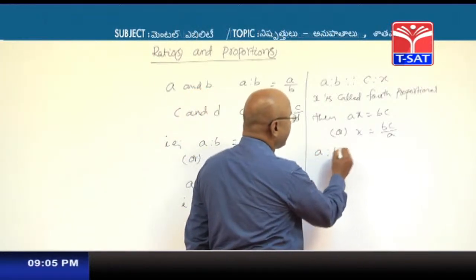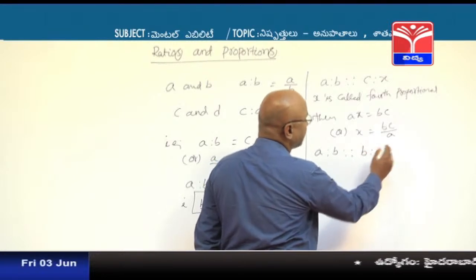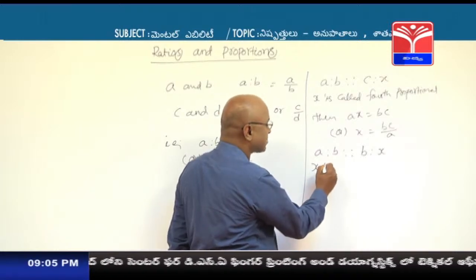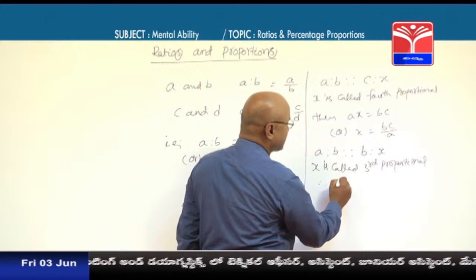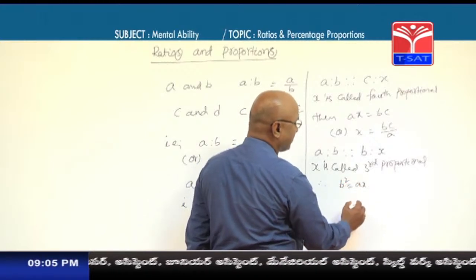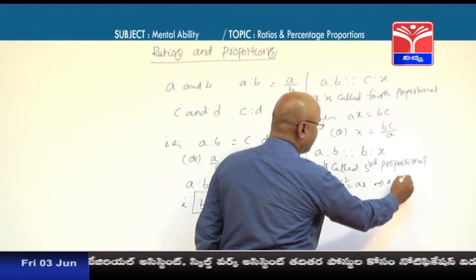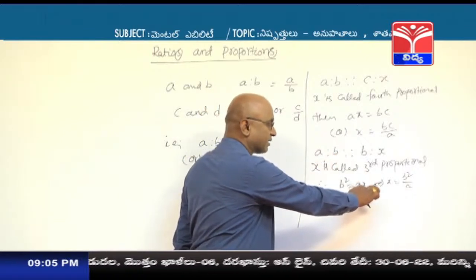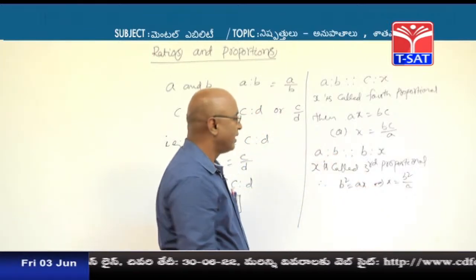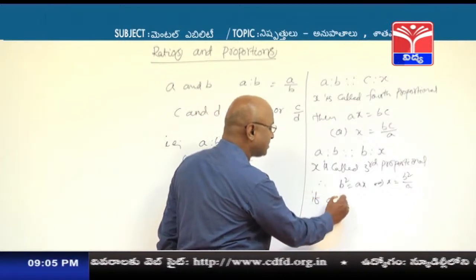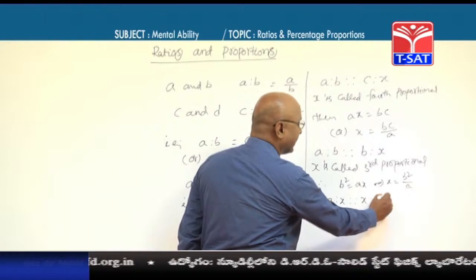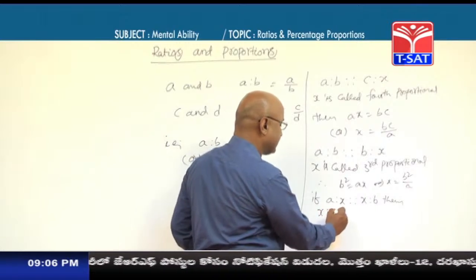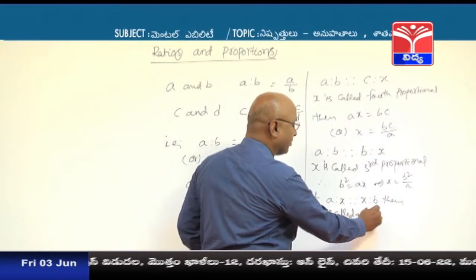Similarly, if A is to B as B is to X, then X is called the third proportional. Therefore B square is equal to AX, or AX is equal to B square, which implies X is equal to B square by A. So in order to find out the third proportional, X is equal to B square by A. Similarly, if A is to X as X is to B, then X is called the mean proportional.